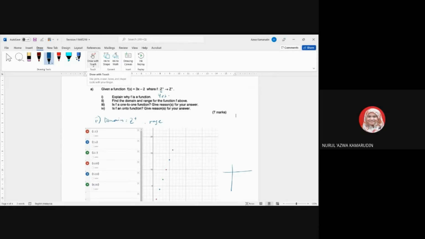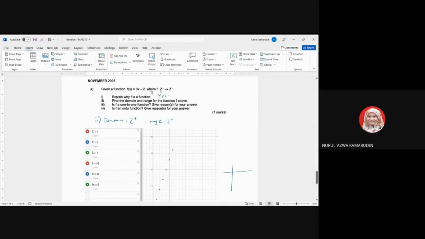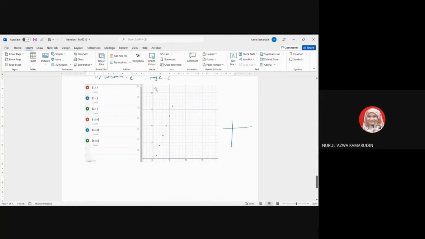So the domain is Z positive. The range, will it also be Z positive? No. If you check, is everything Z positive? No. It is missing out some positive values, because Z is 1, 2, 3 and all. But when you do this mapping, you can see it is not all of them.